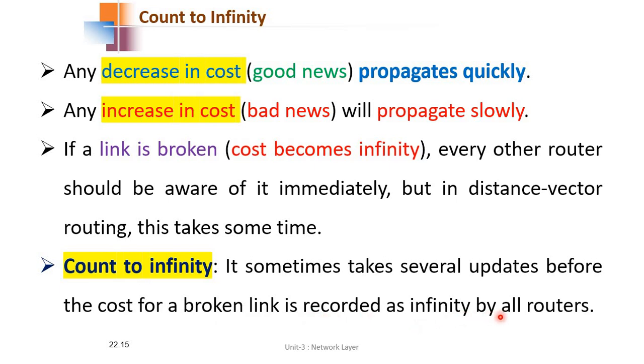For example, now I am the source, my name is A. So I have two nearby neighbors, neighbor B and neighbor C. Okay. Now by mistake, the link between node A and node B becomes broken. So what happens is, as node A, I'm going to update about node B that there is no connection between A and B. So I'm going to define the distance value as infinity.